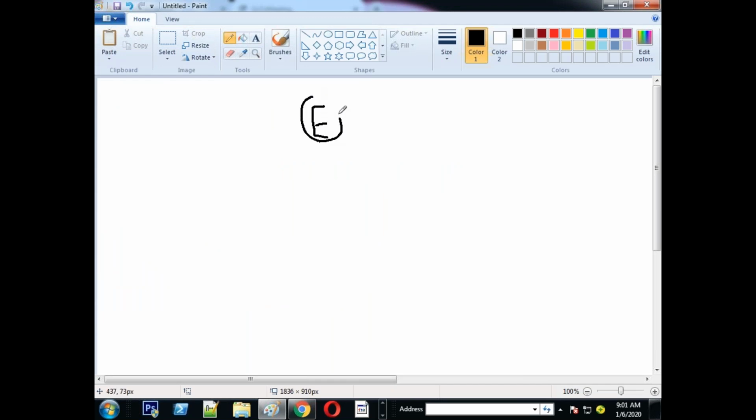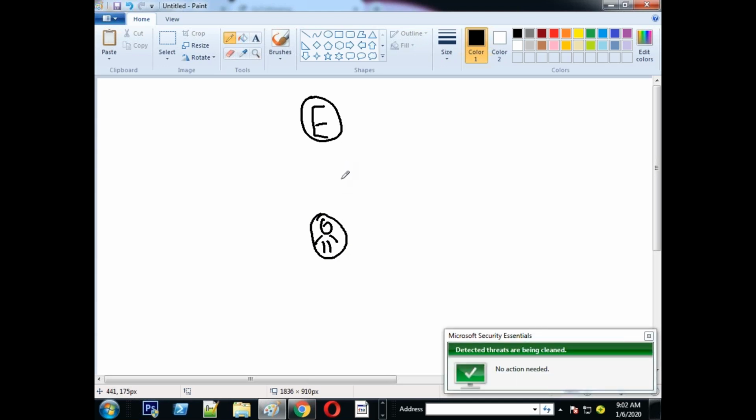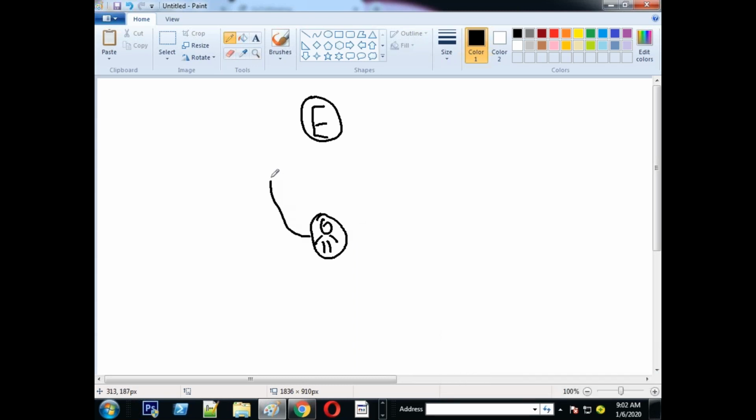To make it more easy, I'll show you a picture. This is the environment. This is the agent. What is the agent doing? The environment is giving rewards.